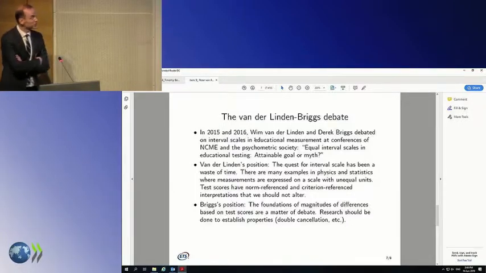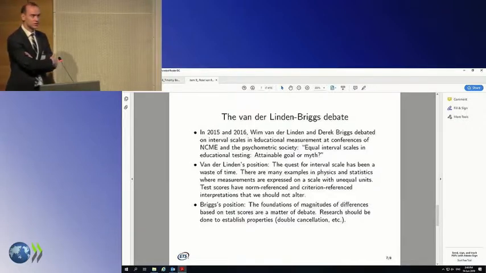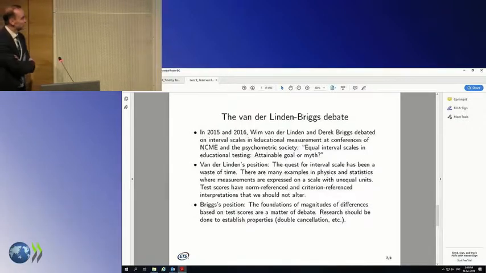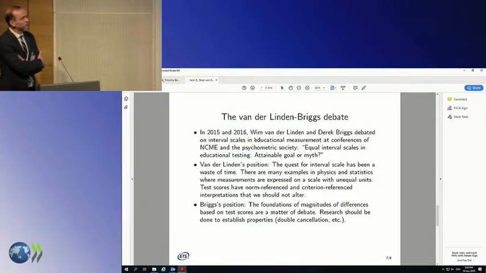And they took quite extreme positions on purpose. Van der Linden's position was that it's a waste of time to quest for interval scales, because there are many examples in all sorts of fields, and he had a whole list in physics and statistics and medicine and whatnot, where measurements are expressed on a scale with unequal units, but they are still useful. For example, temperature or decibel are still quite useful in studying certain variables.